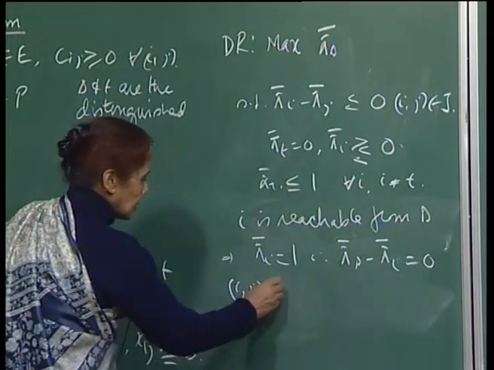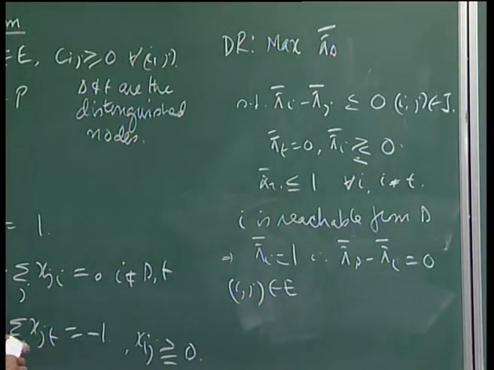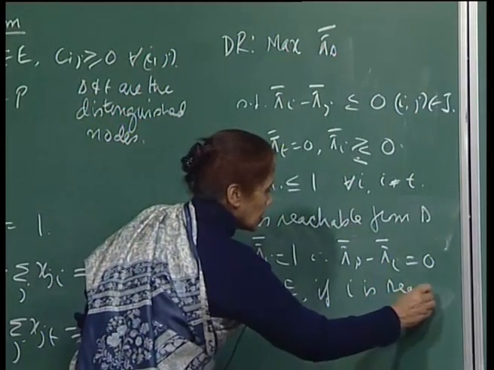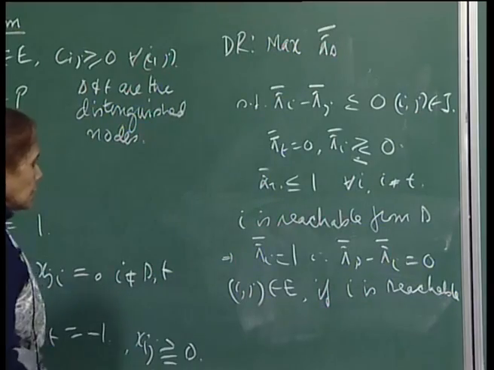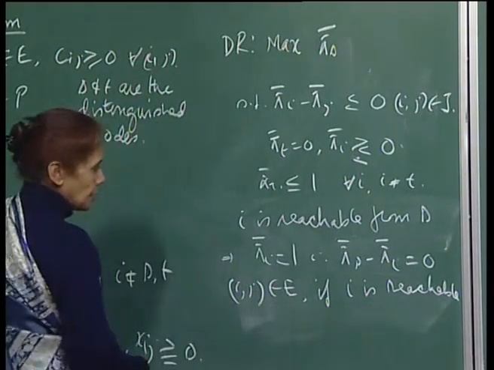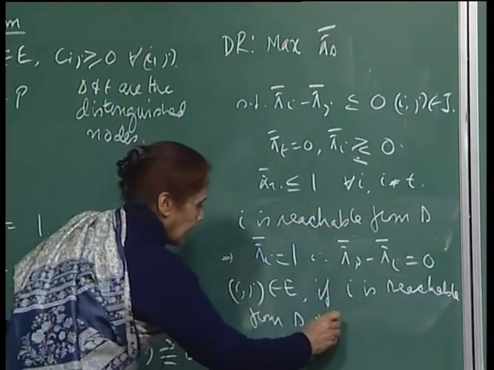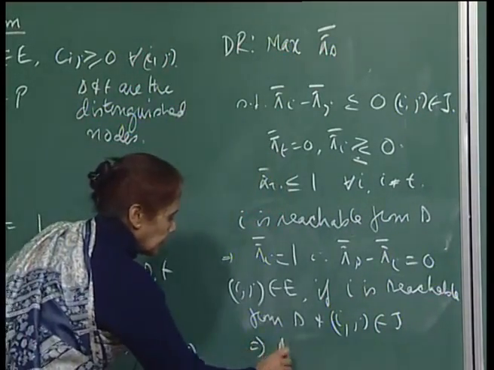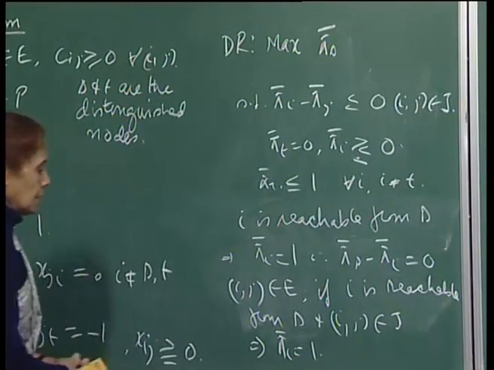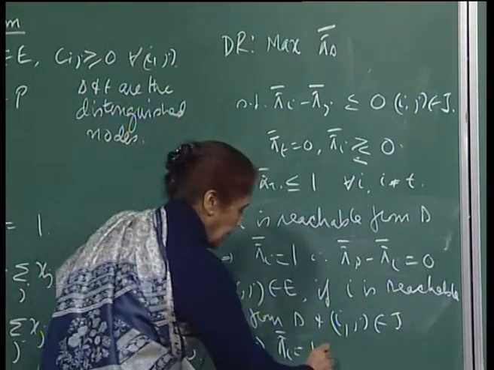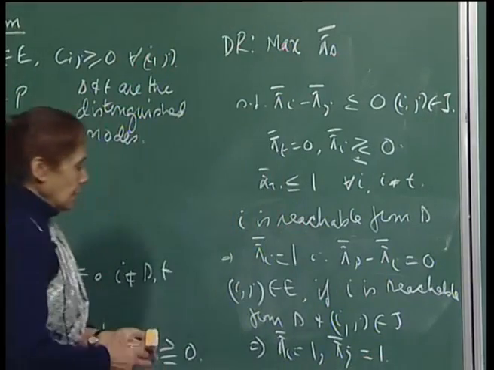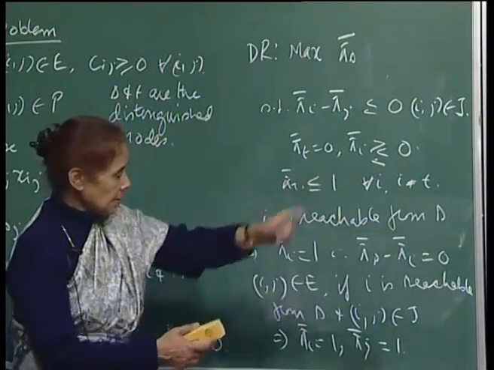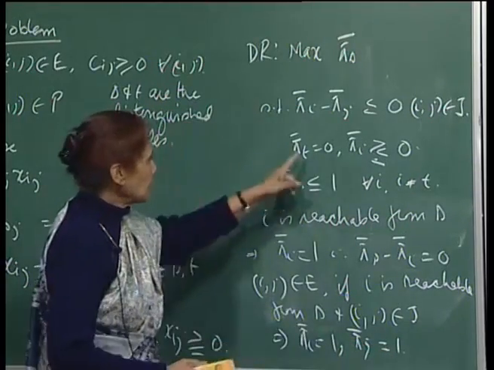Now, you take any arc I j belonging to E. If I is reachable from S and I j belongs to J, this would imply that pi I bar equals 1, and pi bar j is also 1, because if I is reachable from S and I j is an admissible arc, then by our construction, pi j bar also takes the value 1, and so this constraint is satisfied, right.